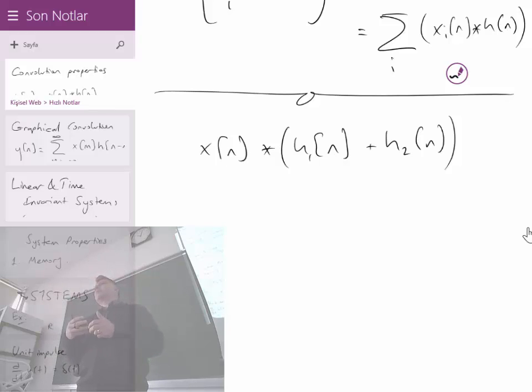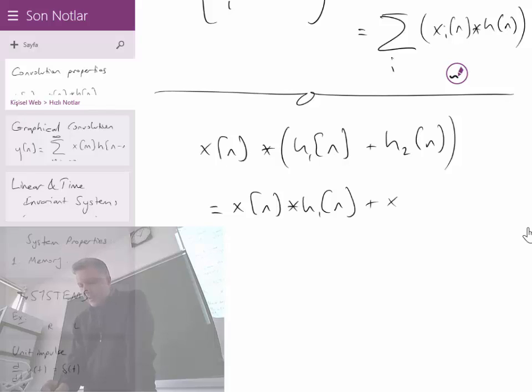You can split, in other words, the impulse response into components as well. You can split both of them. And this will be equal to x of n convolution with h1 of n plus x of n convolution with h2 of n.